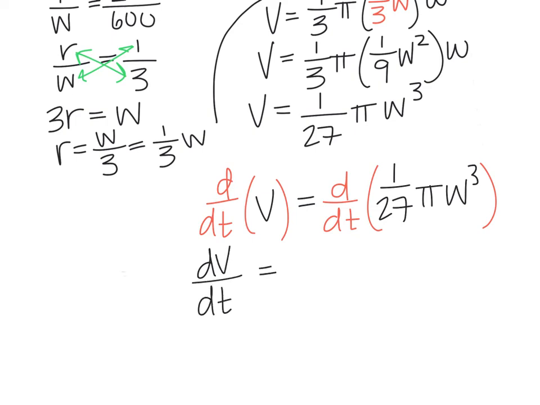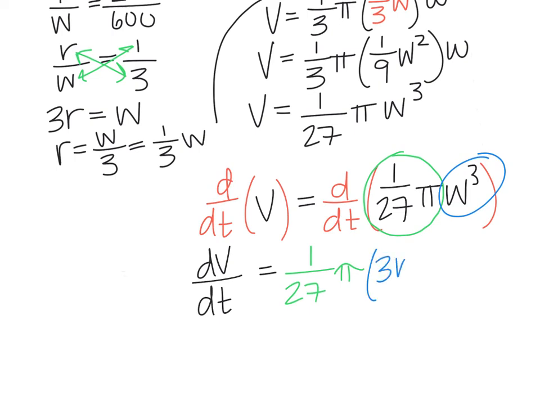And then again, the 1/27 pi is our coefficient, so I'm just going to leave it. It's a constant multiple. And then the derivative of w cubed will be 3w squared. But then chain rule says I'm going to have to chain on the derivative of w with respect to t, and that's where the dw dt comes from.